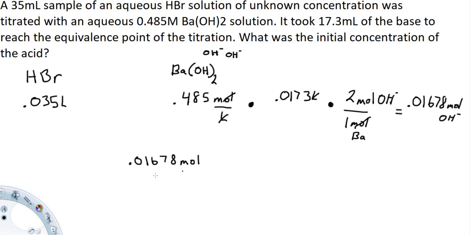And then we also are given the volume of the acid, and it's asking for the initial concentration, which is in molarity. And what molarity is, again, is moles per liter, and we are given the liters here for the acid, 0.035 liters.